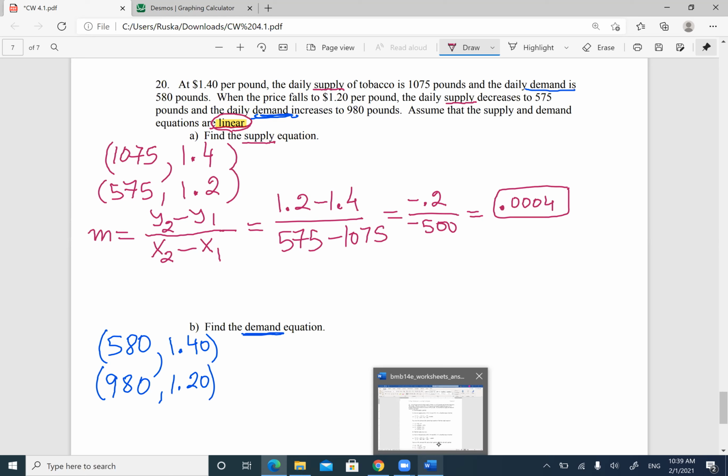So you can use y equals mx plus b. So you can use x and y from one of the points. So let's use the second point because it's a small number. So y is 1.2 and x is 575, and m is 0.0004. Oh, sorry, I have it backwards.